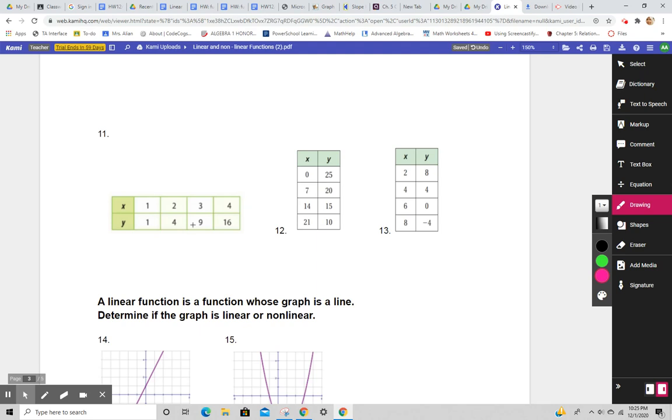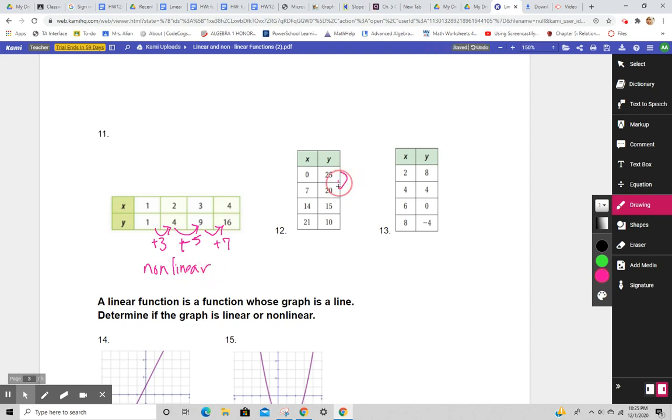Determine if it's linear or non-linear. All right, from 1 to 4, add 3, add 5. You see, I don't even have to go any further. And add 7. Okay, so this is non-linear.